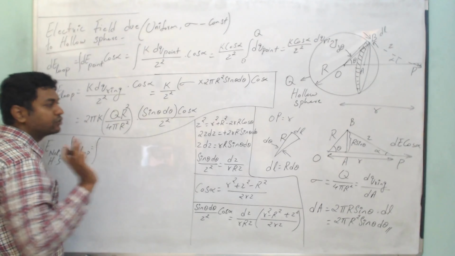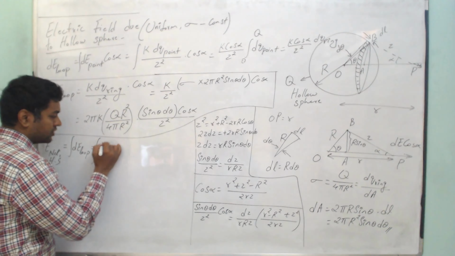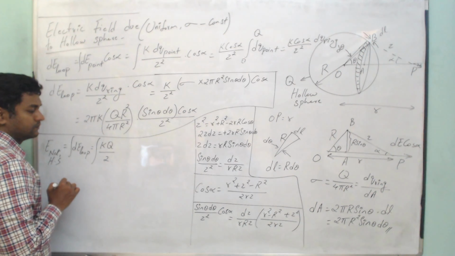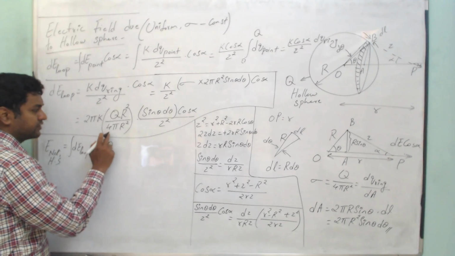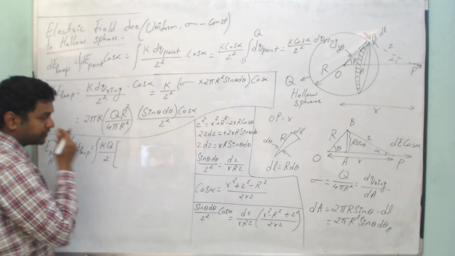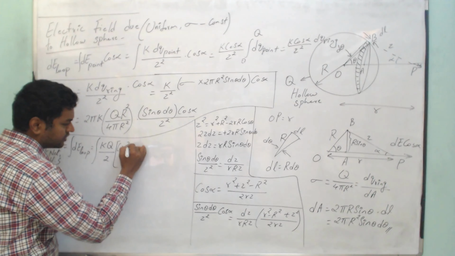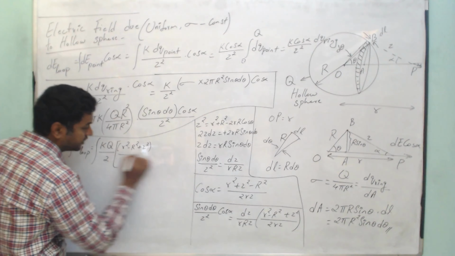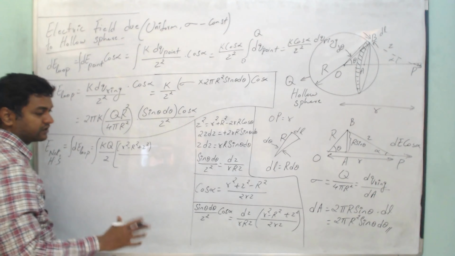I'll get 2 in the denominator. So what all are there? K capital Q by 2. K capital Q divided by 2. So that entire thing I'll have to bring here. r square minus R square plus z square divided by 2r.